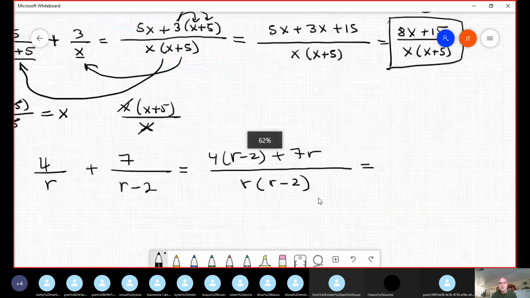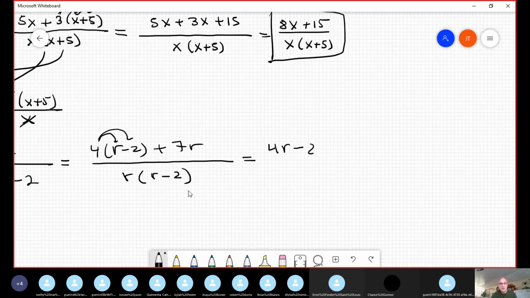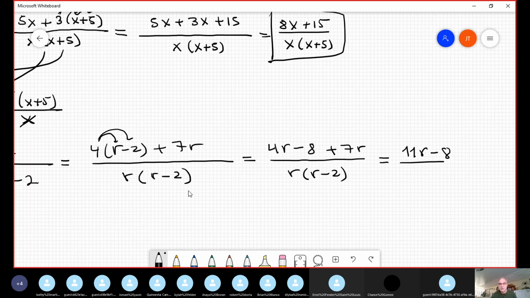Okay, the rest is okay. Distribute the property: 4r minus 8 plus 7r over r times r minus 2. And we combine, it's 11r minus 8 over r times r minus 2.